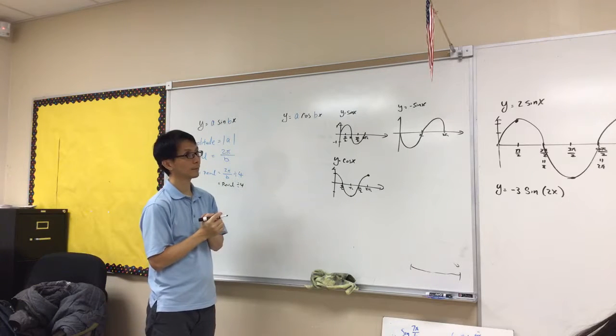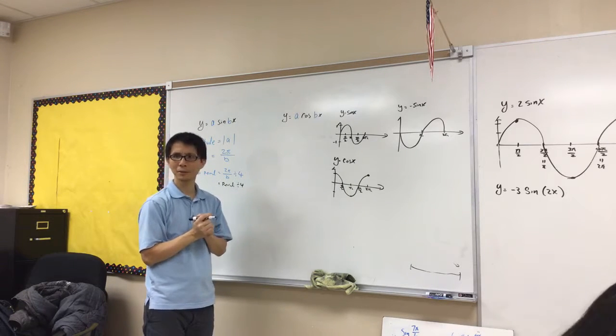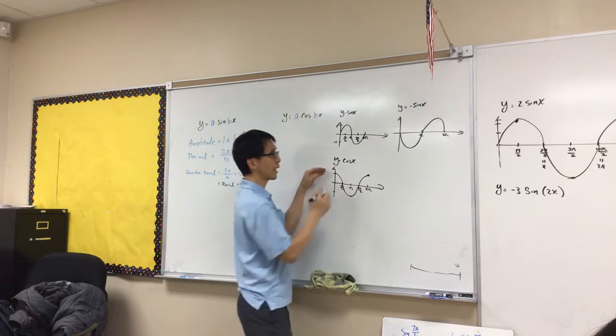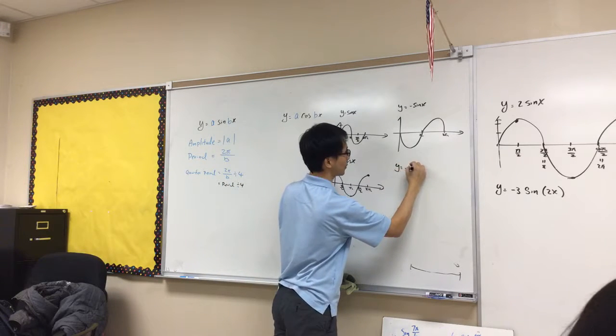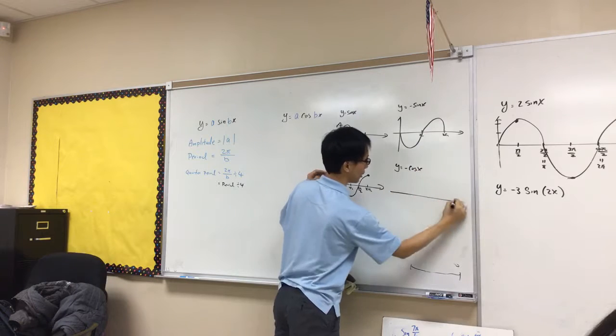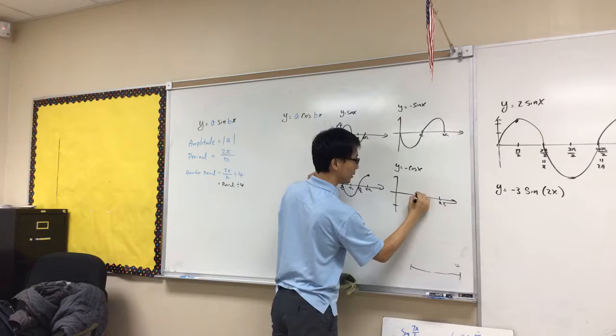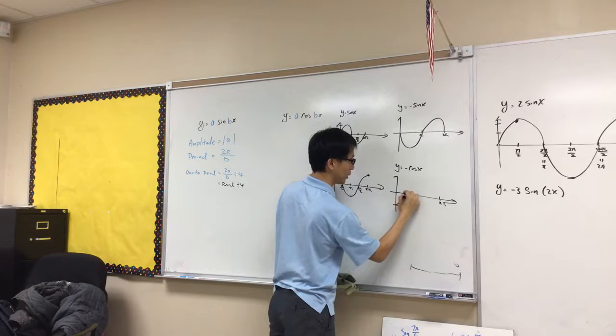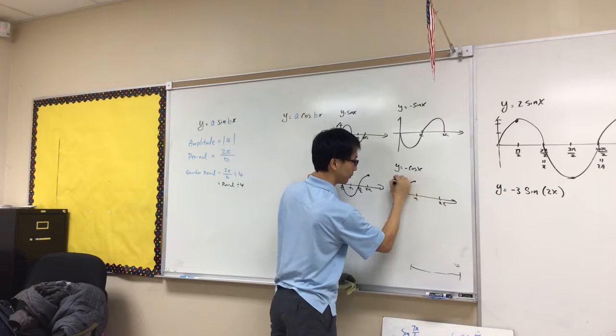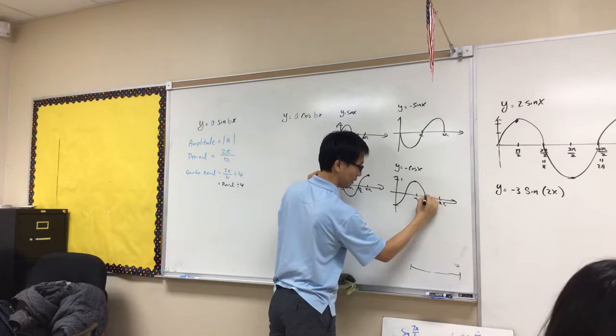What do you think negative cosine is going to do? Start at negative 1. Good. So it's going to start at negative 1, then 2 pi, pi. So it's going to be here, here, positive 1, here, and here.